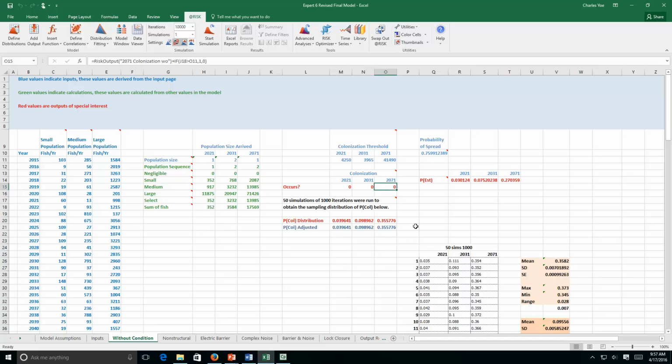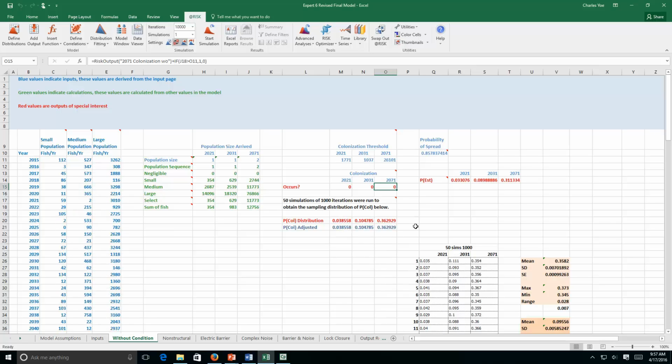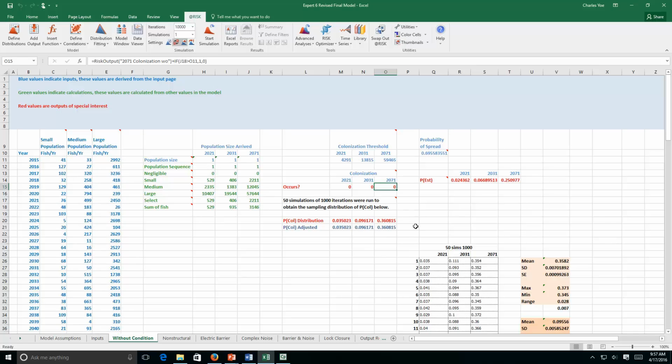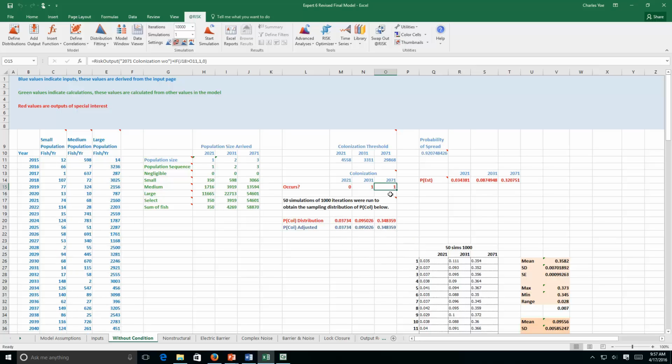And of course, because the number of fish vary and the population size varies and the threshold is unknown, we have uncertainty in this probability of colonization. Now, you notice 2071, I get one that shows up every now and again.